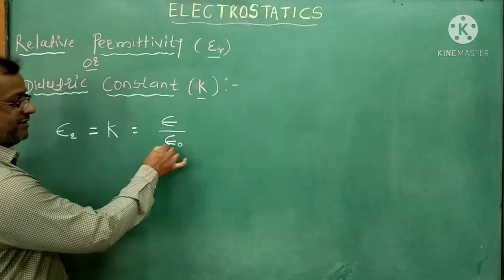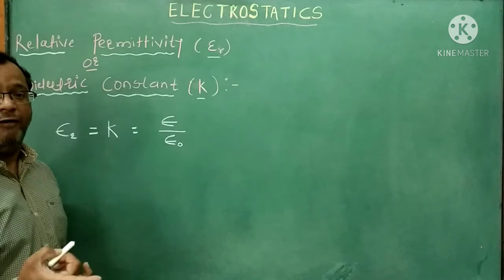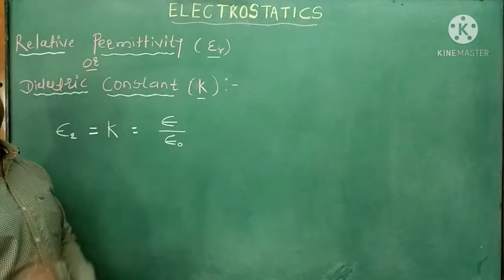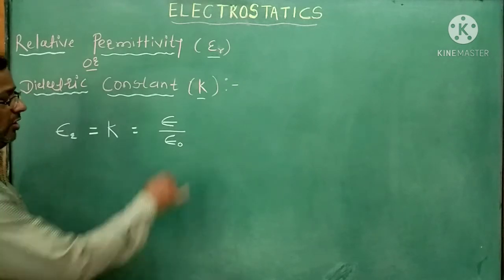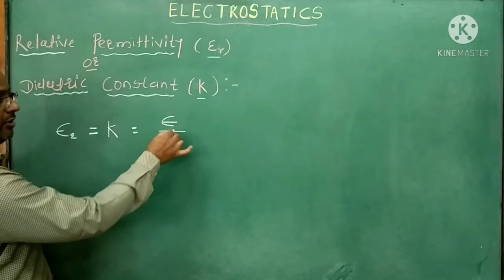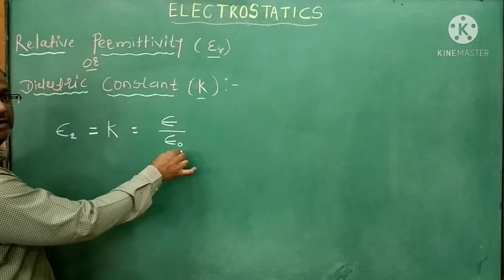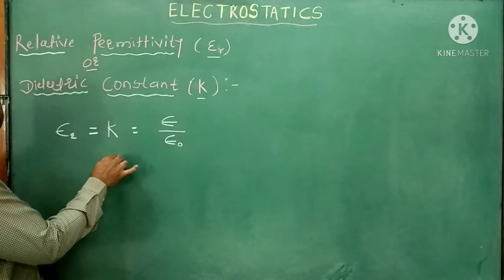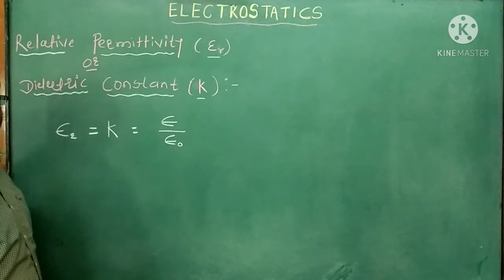But epsilon 0 represents the permittivity of an air medium, free space, or simply vacuum. So the ratio of the permittivity of a medium to the permittivity of free space is called the dielectric constant or simply relative permittivity.